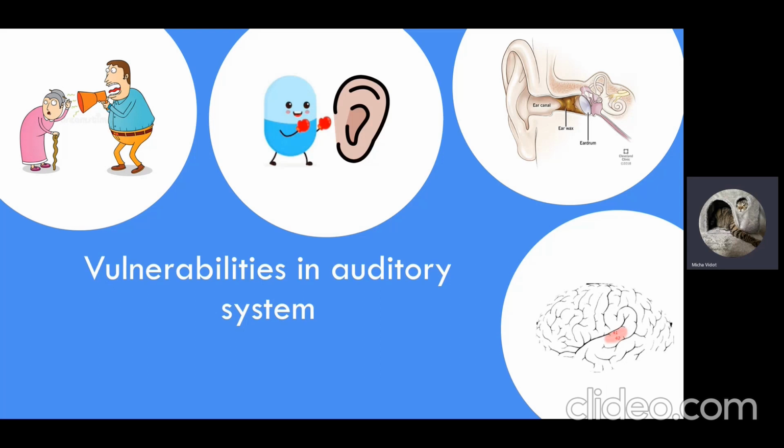If you get damage to your primary auditory cortex, what you'll find is that bilateral damage does not actually cause total deafness. Damage to Wernicke's area leads to poor comprehension of language, and when they're speaking, they'll present with something called fluent aphasia, so their speech will be fluent but nonsensical.